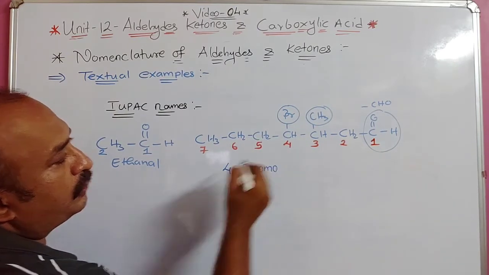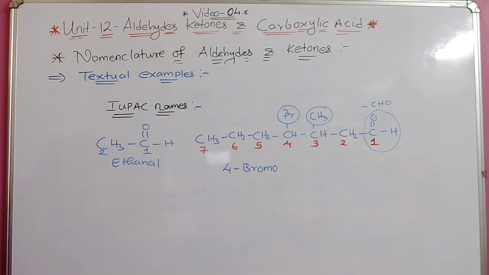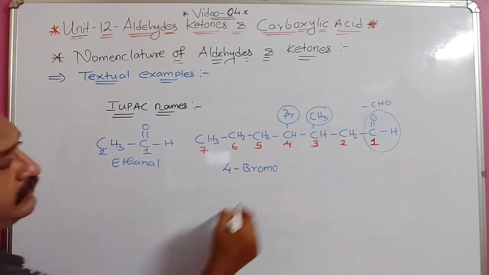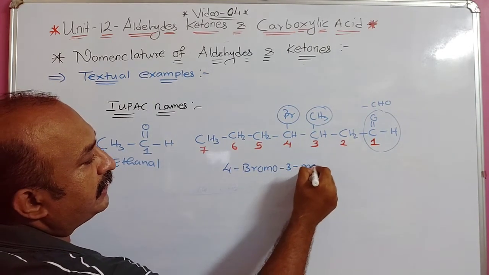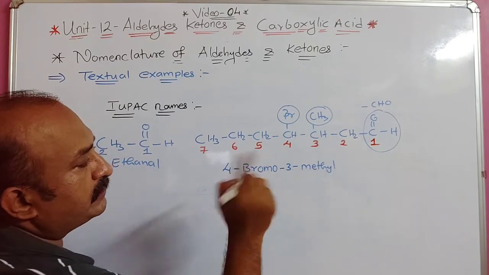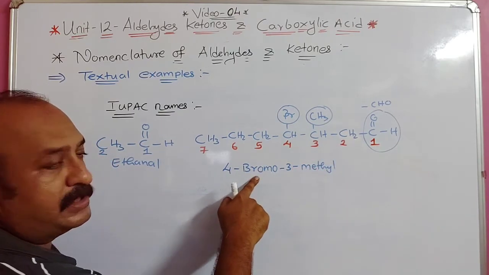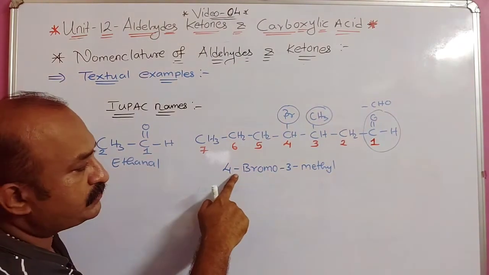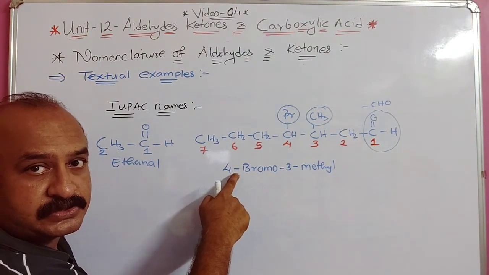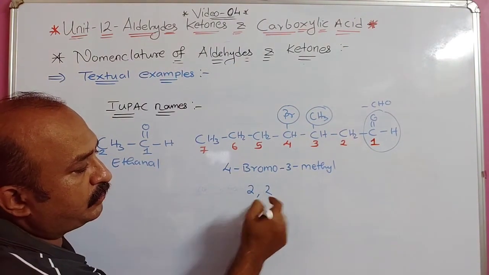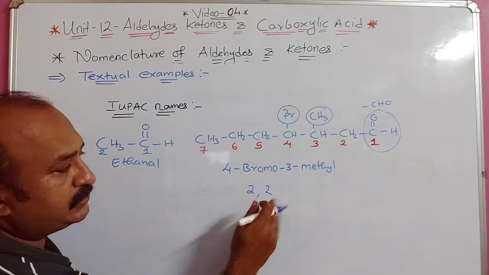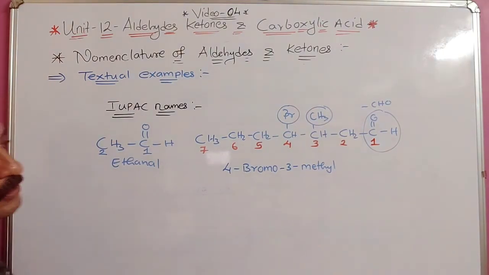So 4-bromo, then 3-methyl. Always remember, between a word and a number, always use a hyphen like this. And if 2 numbers are there, a comma will be used. Don't forget this in IUPAC nomenclature.